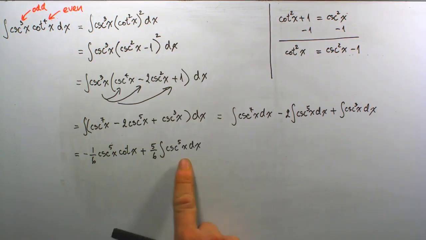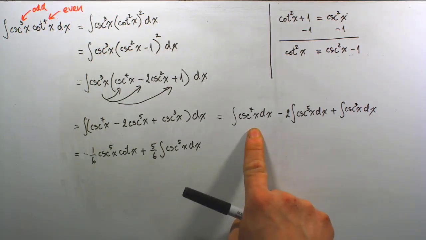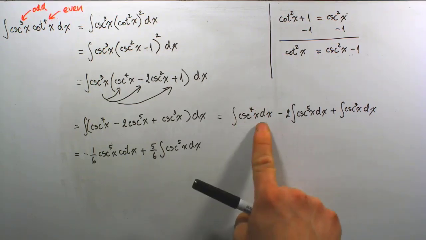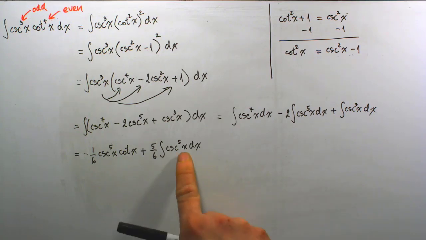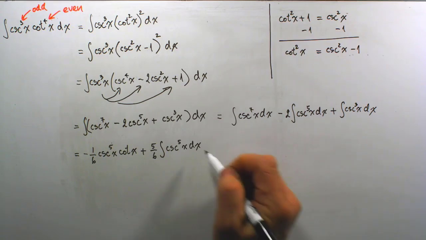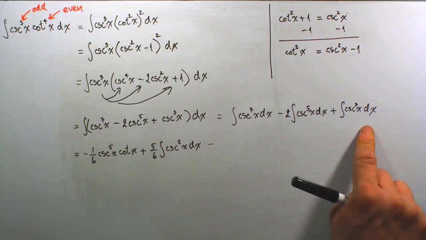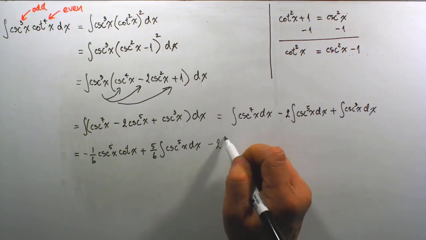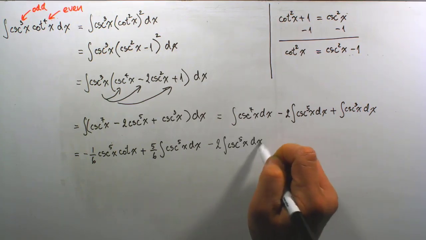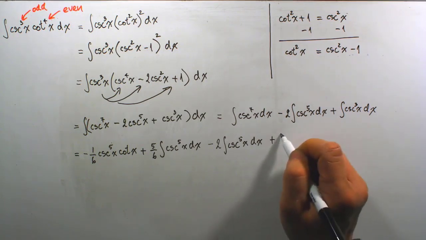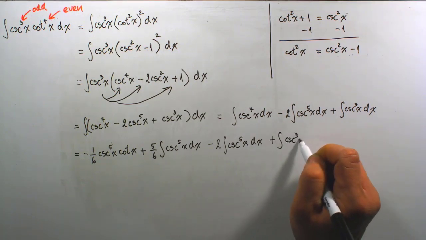Once again, that's the reason why the formula was called a reduction formula, because from an integral of the power 7 of cosecant, now we have made some finished term with some unfinished integral, but the power on the cosecant here has been reduced by 2 steps. And then let's write down the remaining integrals right here. So minus 2, the integral of cosecant to the 5th of x, and plus the integral of the cosecant cube of x.